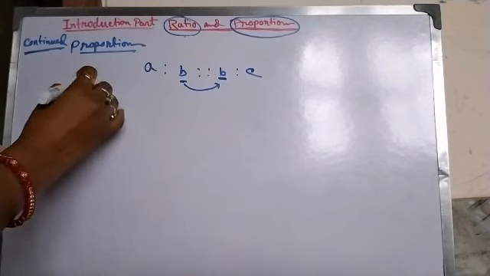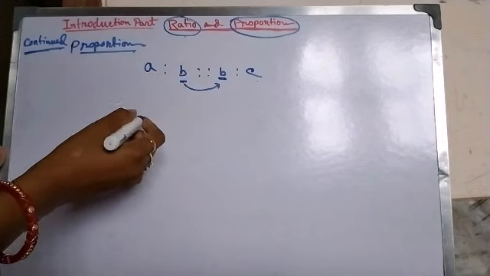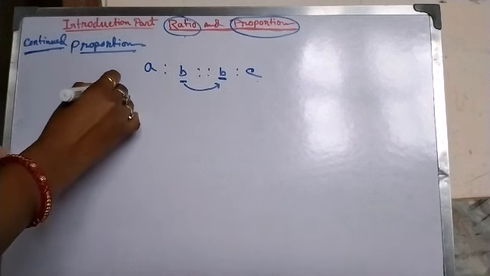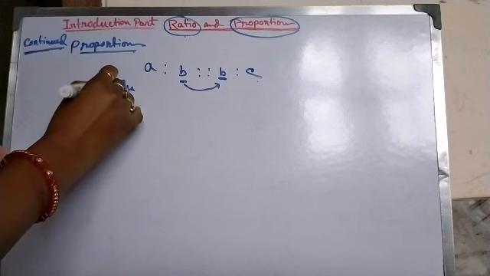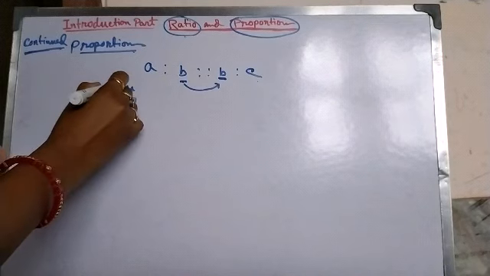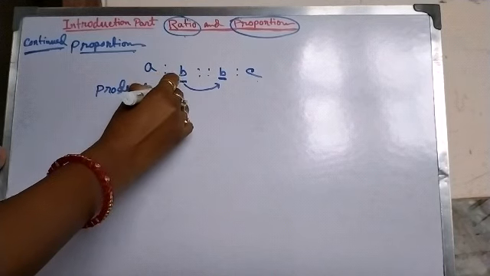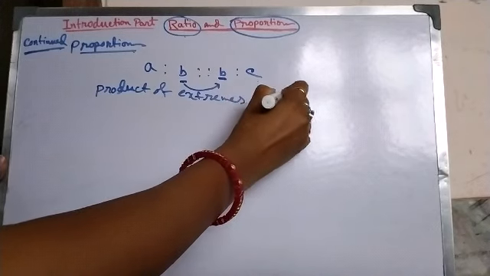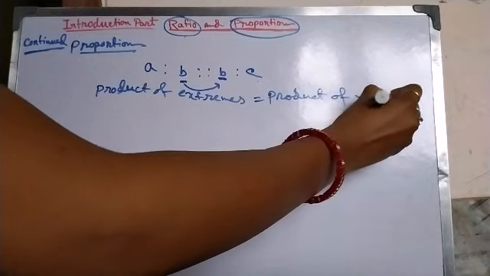Here also same. Product of extremes. How to find out the mean term? If there is a question, then how to find out? There also product of extremes equal to product of means.